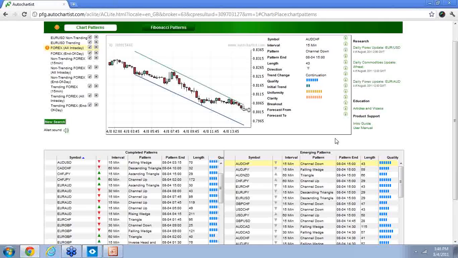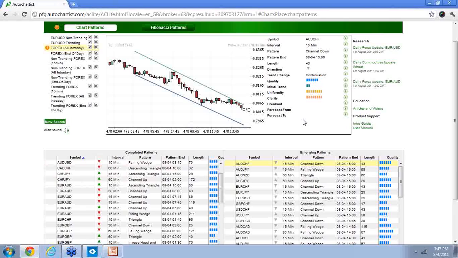It should be on your list if you're an Australian dollar Swiss franc trader and you're waiting for it to make a particular move. You can see that the uniformity is pretty strong in the clarity. And now it's just a matter of, you can see the breakout area is showing nothing, because we're waiting for this completed pattern to take place and give us an indication of where this market is likely to move.